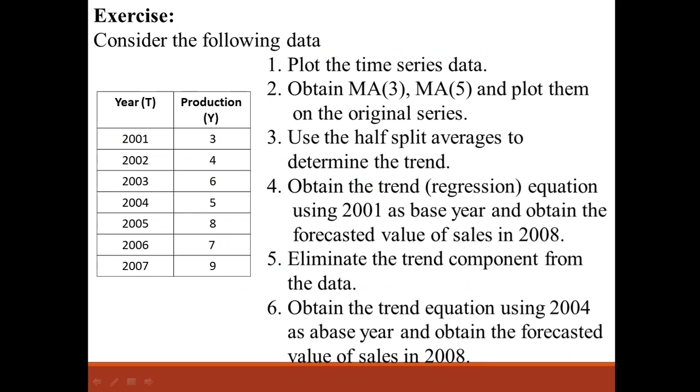Obtain the trend or regression equation using 2001 as a base year, and obtain the forecasted value of sales in 2008. Eliminate the trend component from the data and obtain the trend equation using 2004 as a base year, and obtain the forecasted value of sales in 2008.